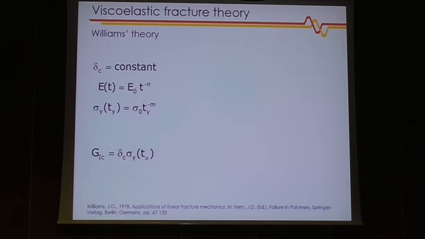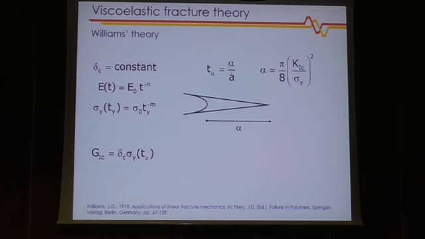So if we express the fracture toughness as the product of the crack opening displacement and the yield stress evaluated at a certain time T alpha, where T alpha is the time necessary for a crack that moves at constant speed A dot to go through the length alpha, which is the length of the process zone.